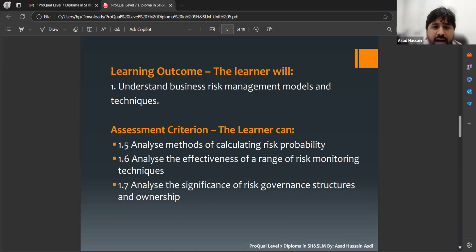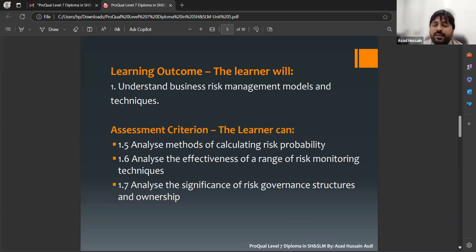Once identified, they have to understand how effective the risk monitoring techniques are in their organization. They have to explain and give narration on the effectiveness of a range of risk monitoring techniques.